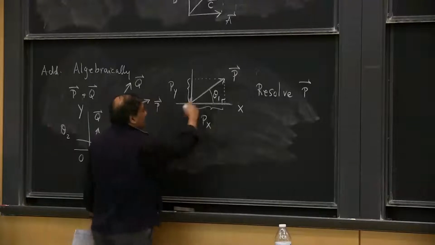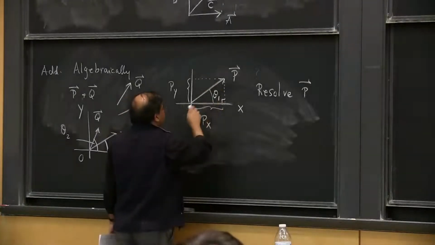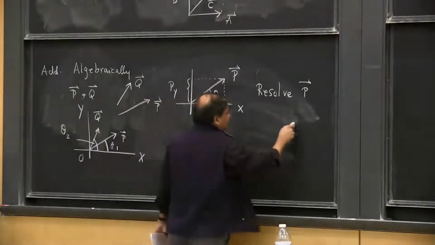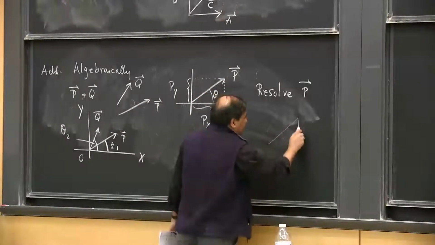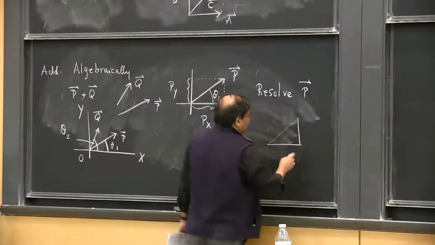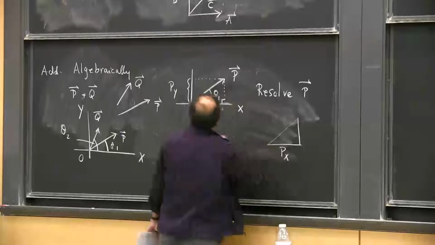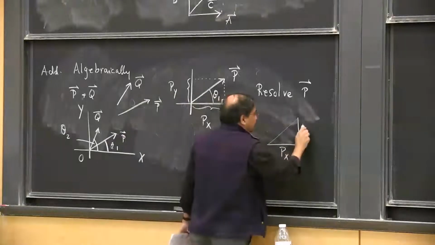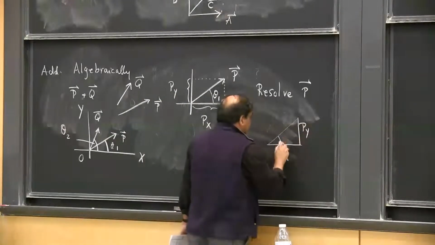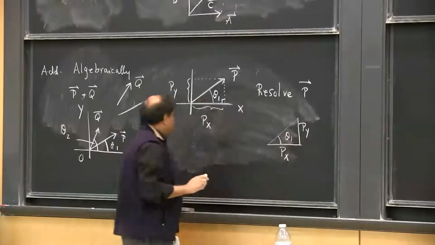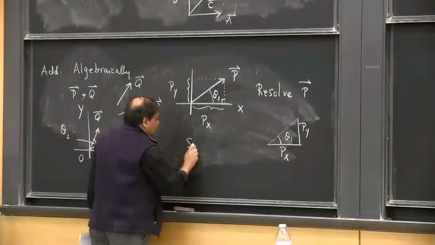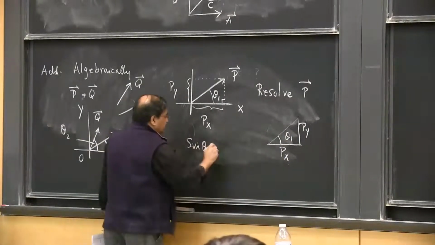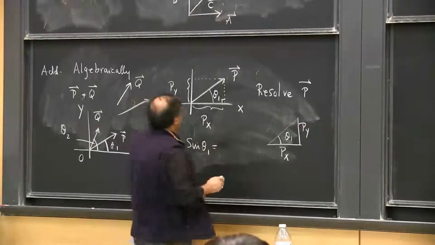So now let's look at this right triangle. This is P sub x. If the vertical piece is P sub y, that means this also must be P sub y. This is theta 1. So sine of theta 1 would be opposite over hypotenuse.